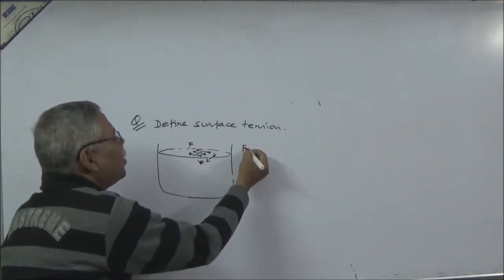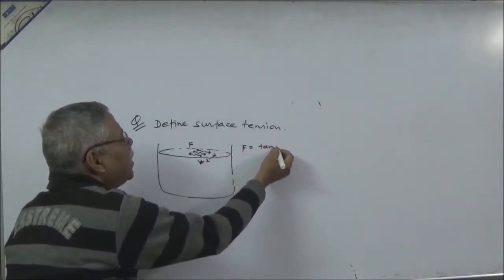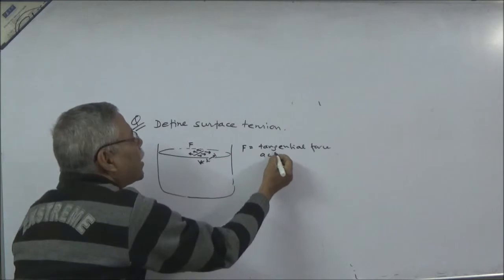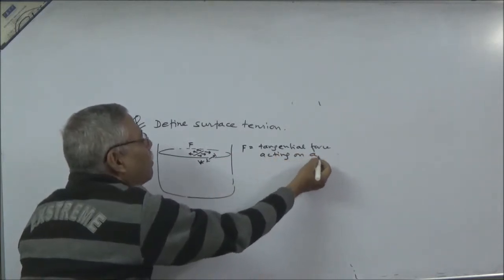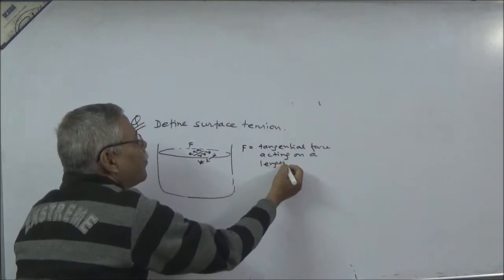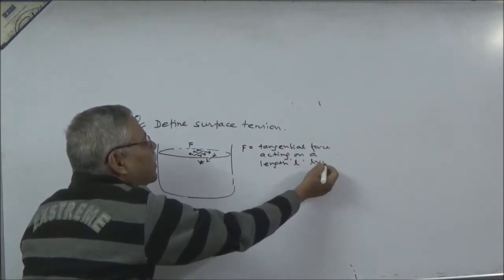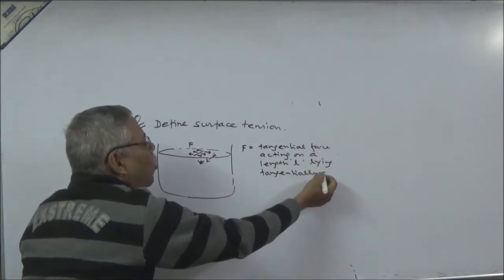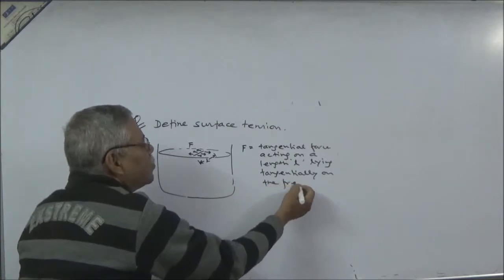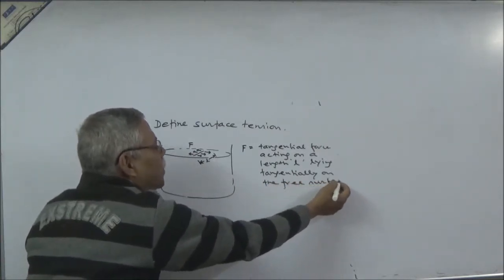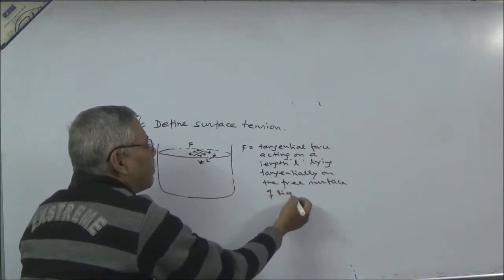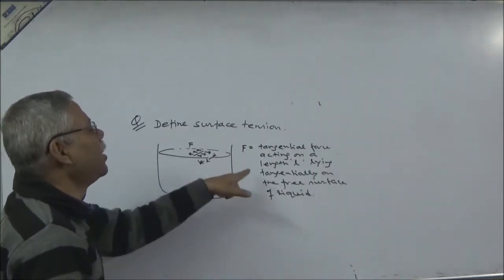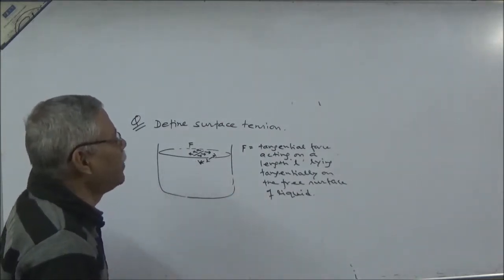So T equals F by L: the tangential force acting on a length L lying tangentially on the free surface of the liquid.